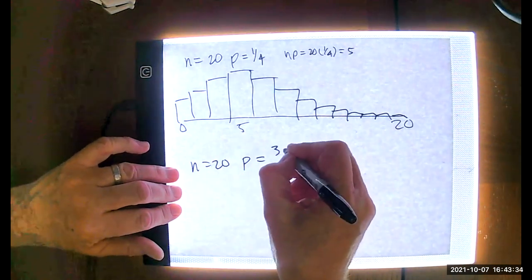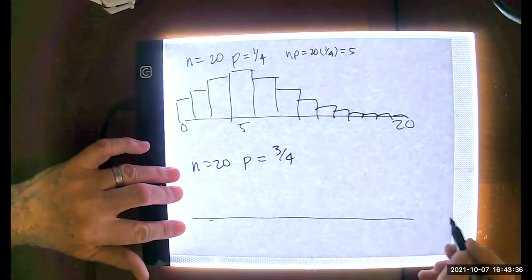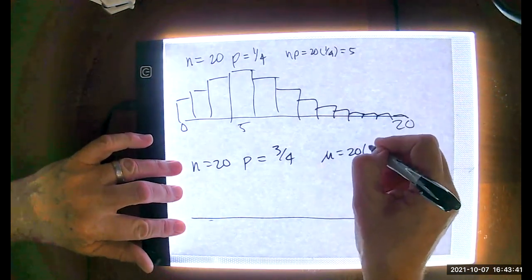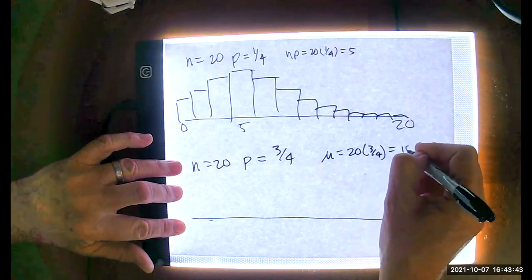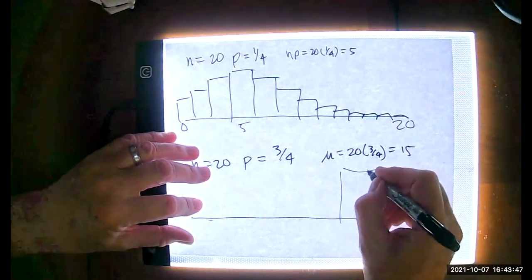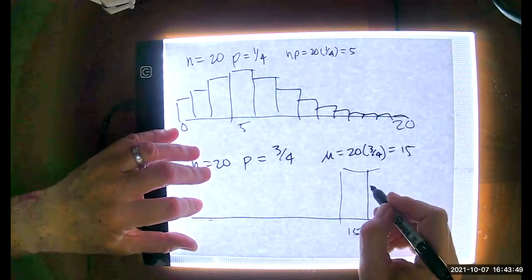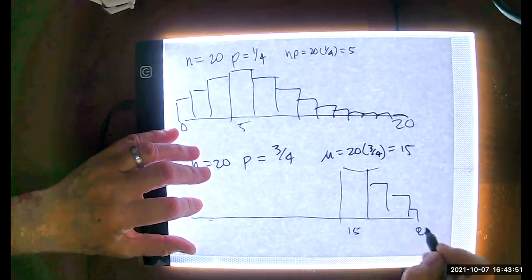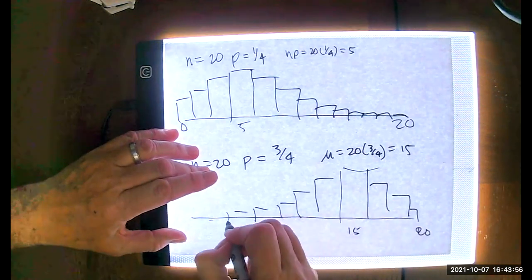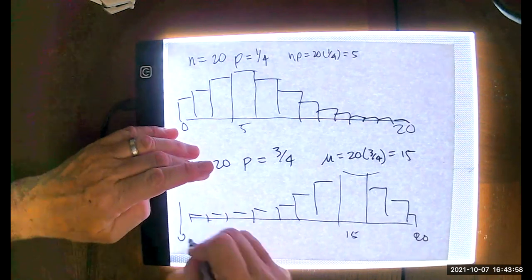Suppose we had p equal 3/4. Mu is equal to 20 times 3/4, equals 15. So the outcome with the highest probability would be up there, and then they would fall off gradually down to 0.